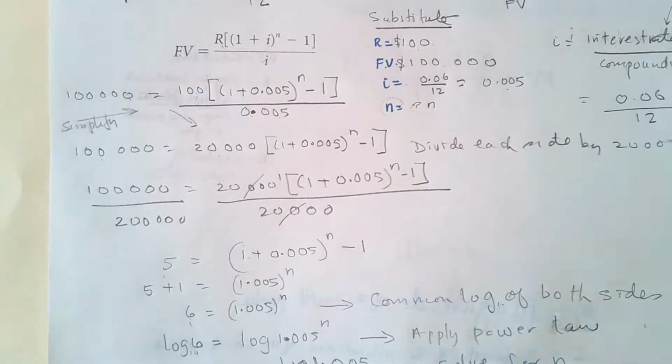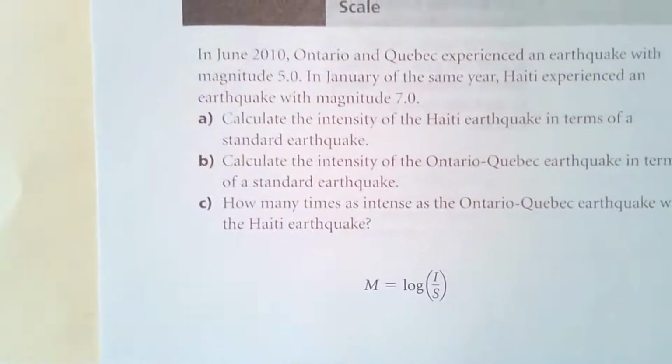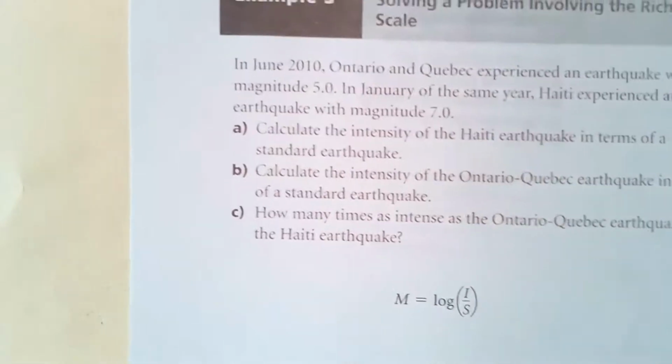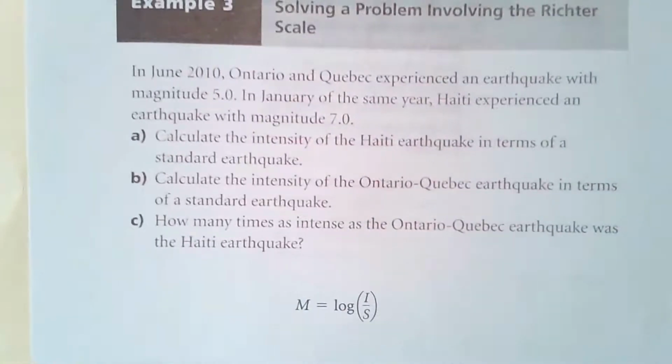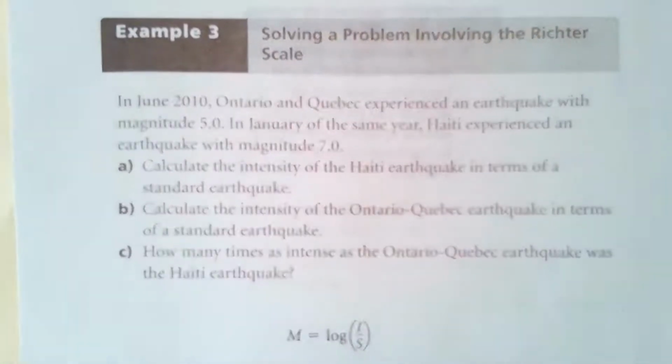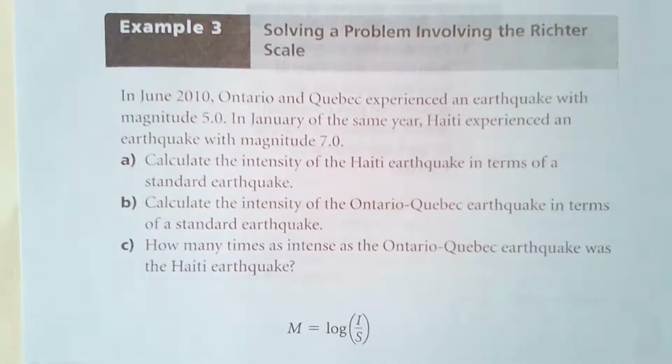The next one, we'll be looking at the Richter scale. And here we'll be comparing different earthquakes. Because the Richter scale basically is a comparison of the vibration of the Earth between an earthquake and a standard earthquake.